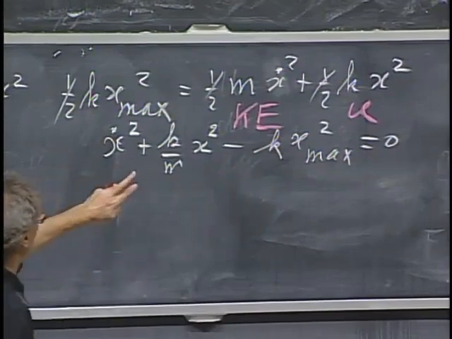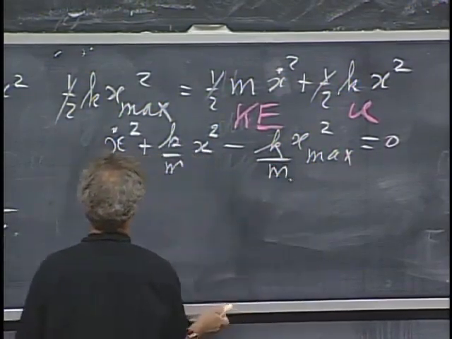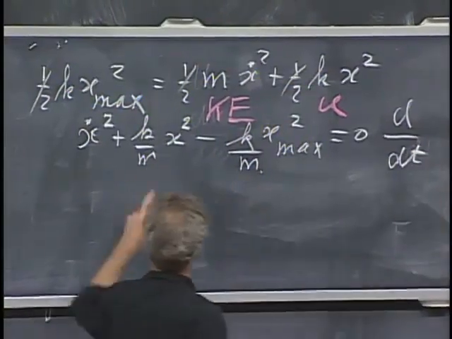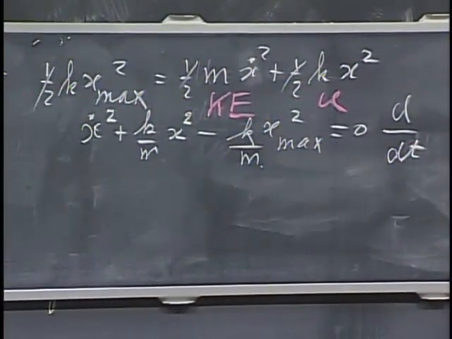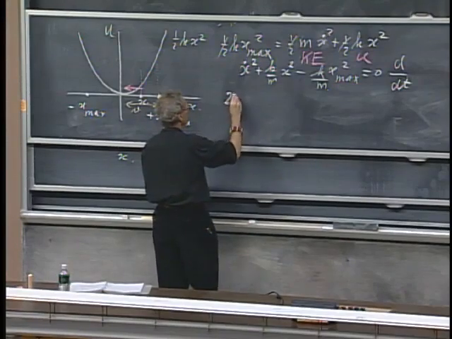Did I do that right? Yes. I divide, oh, there's an m here, and the m has to be here. And now I'm going to take the time derivative of this equation. And now you'll see something remarkable falling in place, just for free. I take the derivative versus time. That gives me a 2 x dot, but I have to apply the chain rule.